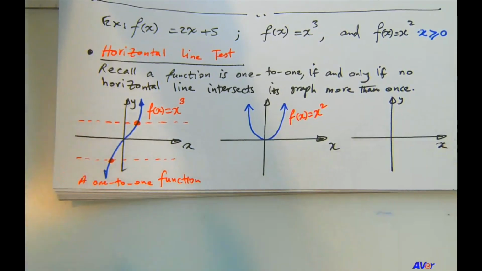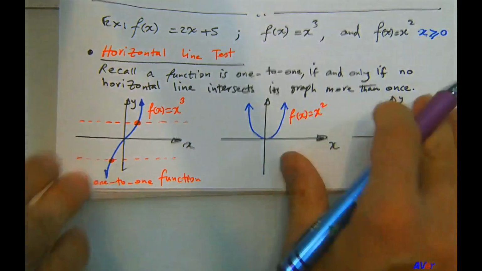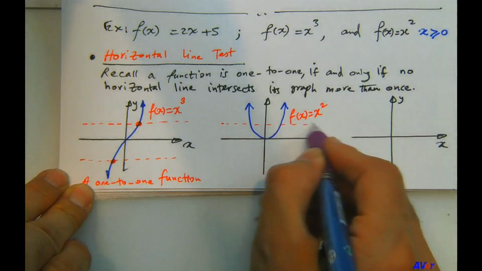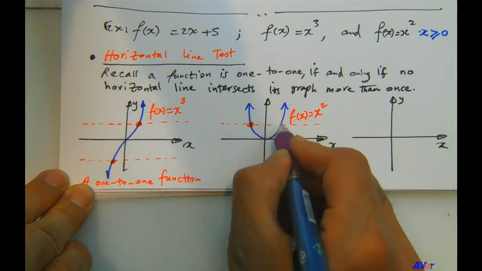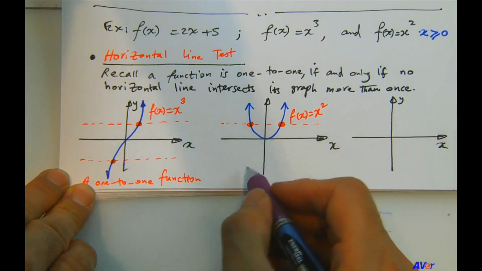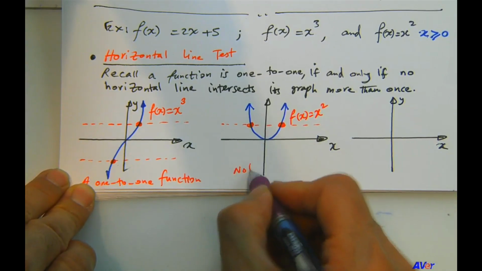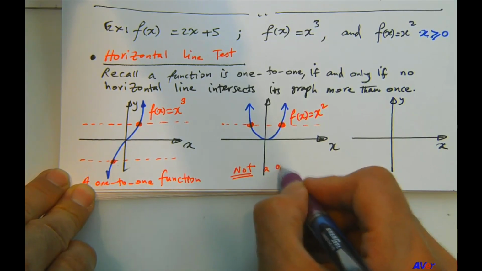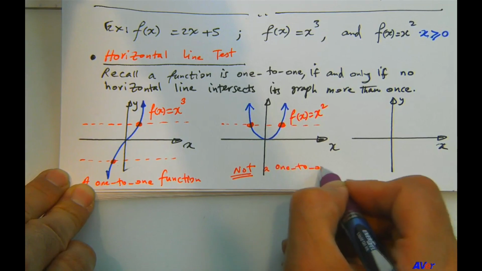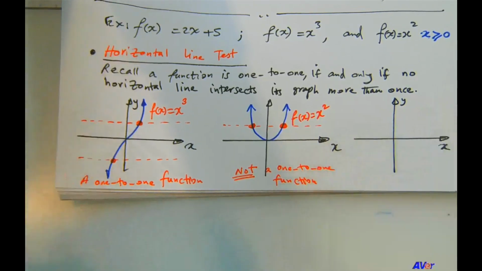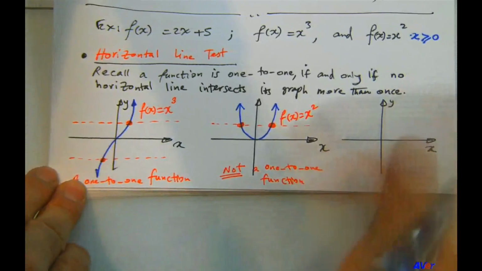So of course at this point, this is not a one-to-one function, right? We can find a horizontal line that intersects that graph at more than one point. So this is not a one-to-one function.